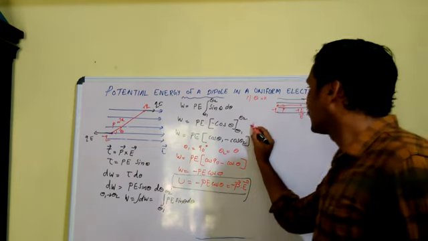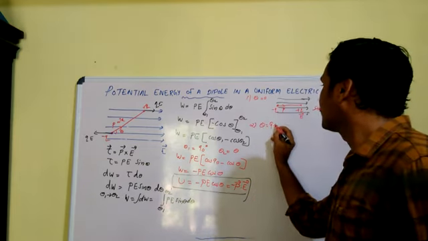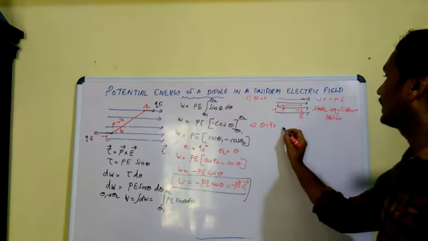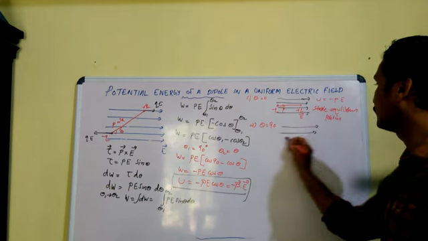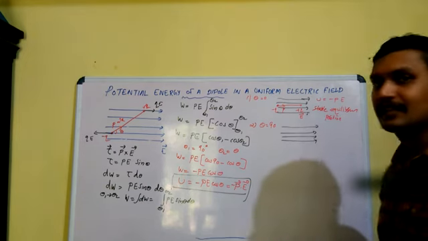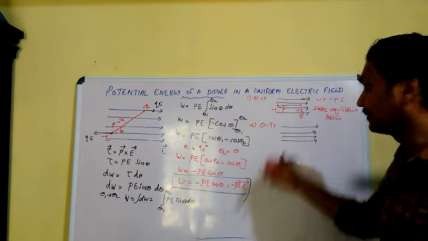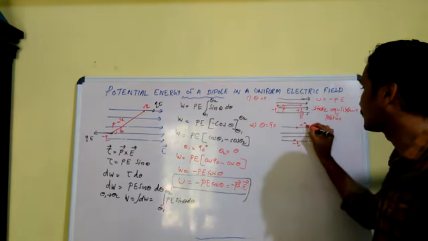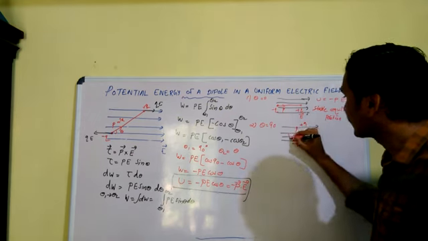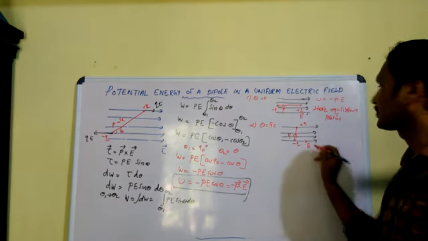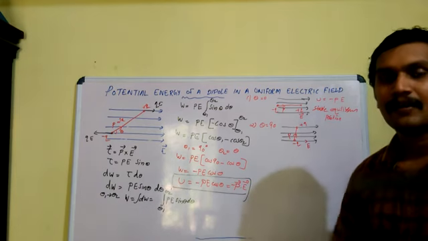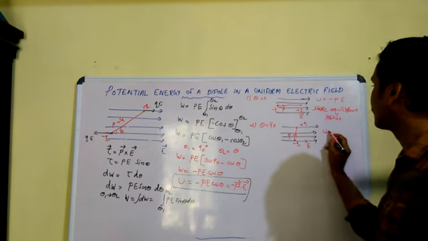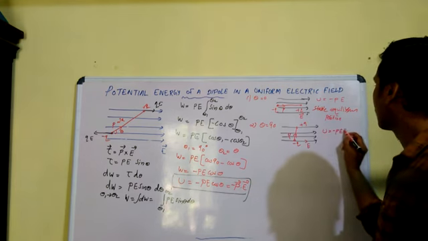Second case: theta is equal to 90 degrees. How is the dipole aligned? Suppose this is the uniform electric field and the dipole is perpendicular to the electric field. This is the negative charge and this is the positive charge, this is the direction of p and this is the direction of E. P and E are perpendicular to each other. So the potential energy U is equal to minus pE cos 90.